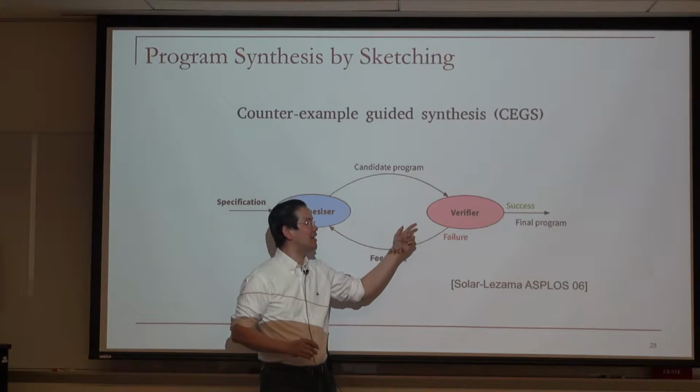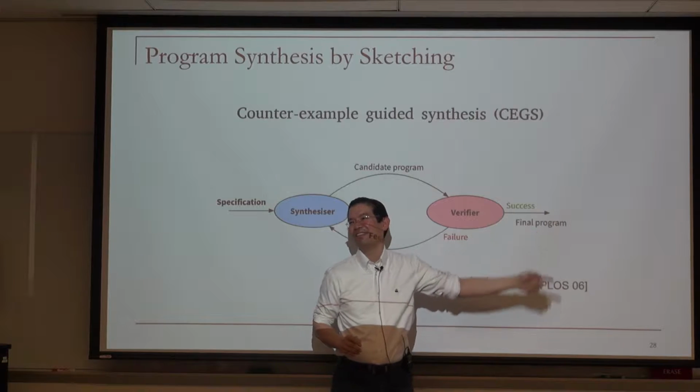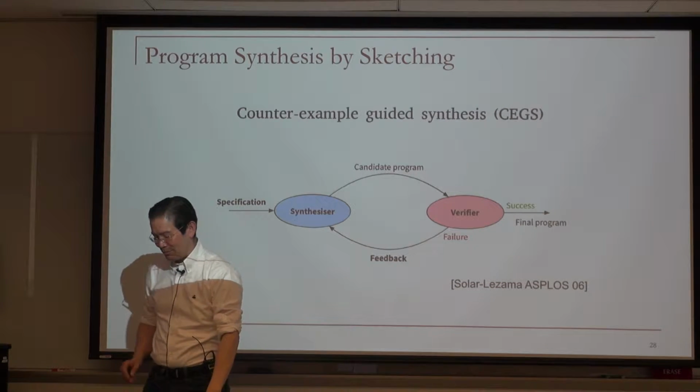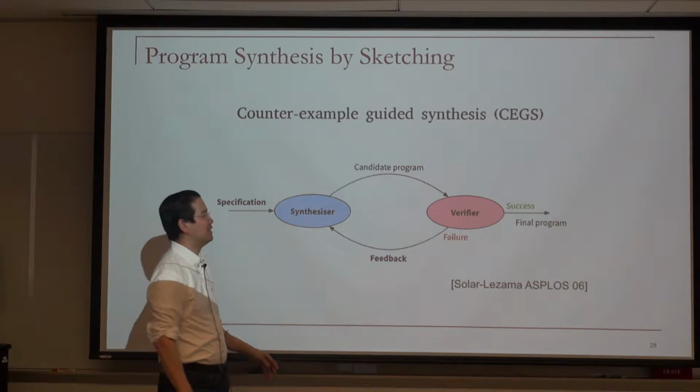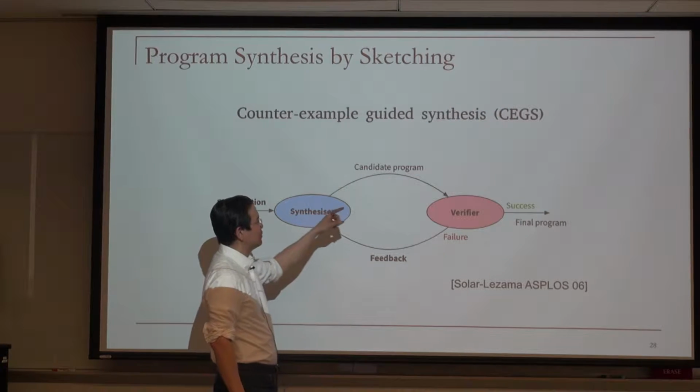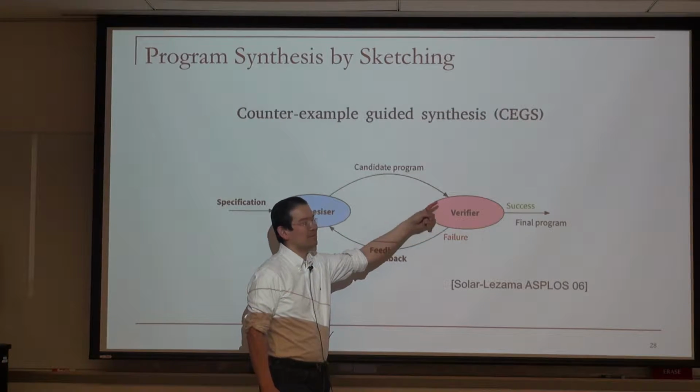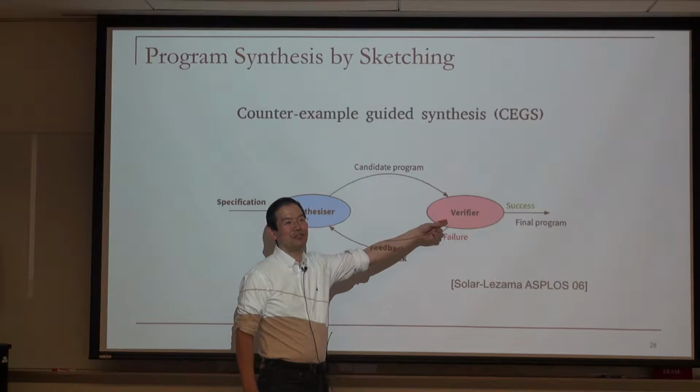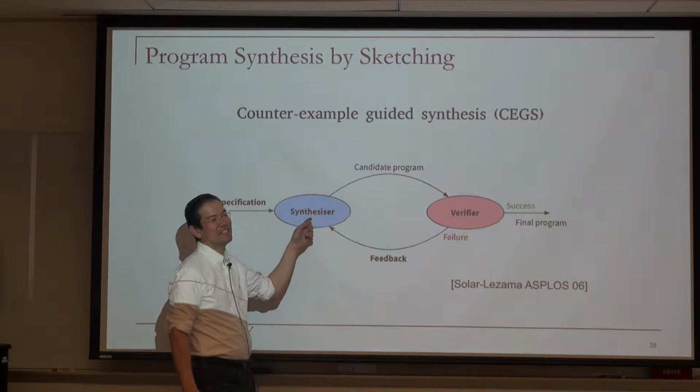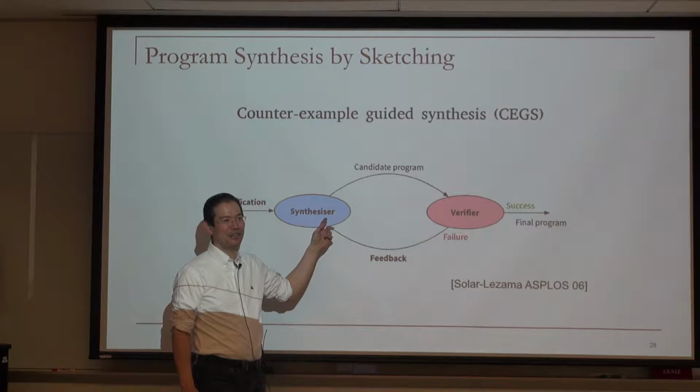You just keep going, and then out comes the program, right? And they have improved this quite a lot since 2006. The verifier has some knowledge in it, essentially, of what the program should look like.